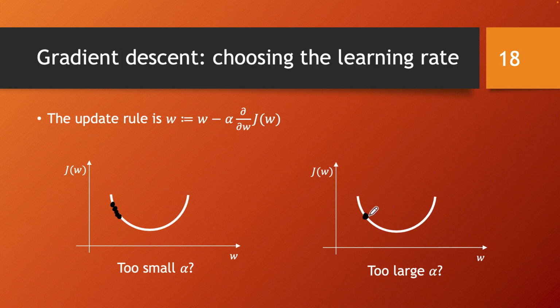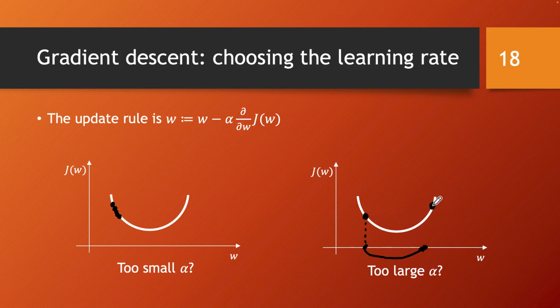And you can see this again visually here. If I'm starting here, the update based on the partial derivative is going to mean that I have to increase my w. But if alpha is too large, you might have such a big increase in your w. So from this value of w, your algorithm based on this very big alpha might say, hey, how about you increase somewhere here? And that means that you might actually go to a value of the loss function that's larger than what you started with.